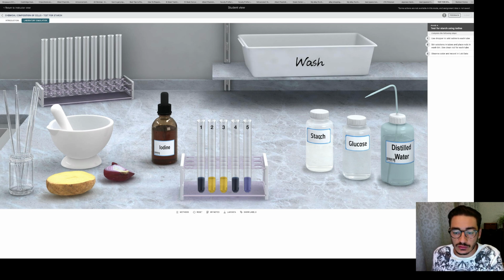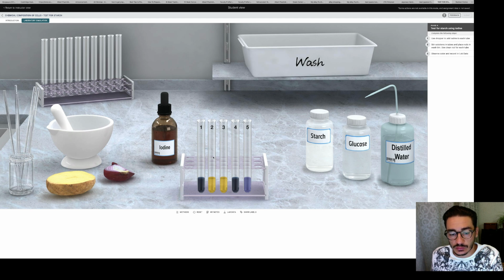So you know that starch is going to give you the positive control. This is the way to test how well your iodine works, to check the quality of iodine, if it can even interact with starch.